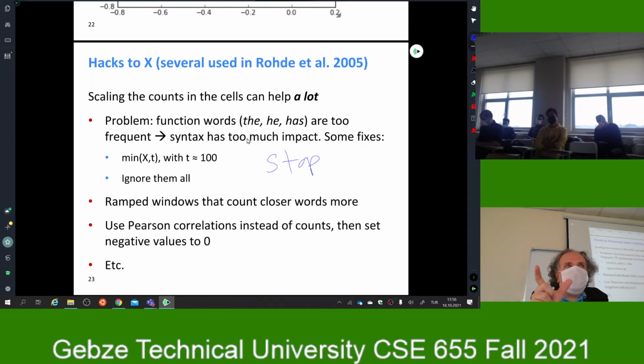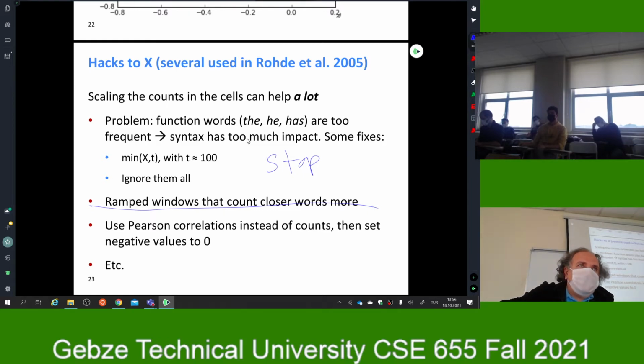If my window is length 10, I need to look at the 10 elements around my center word, but the ones that are closer to me are more important. This one says that, okay, count the closer words more, maybe count them 2 times, maybe 1.2 times, etc. So there are many improvements on top of it. Some of them work very well, some of them we don't know why it works, but it works.